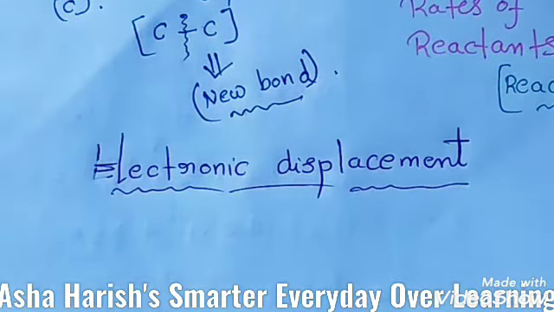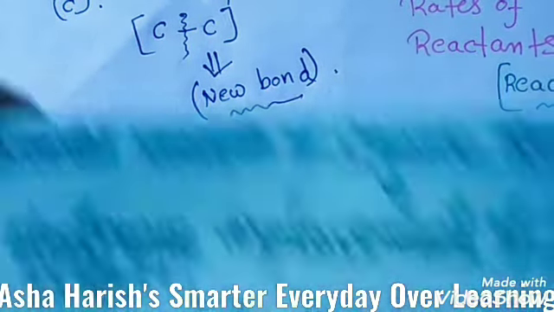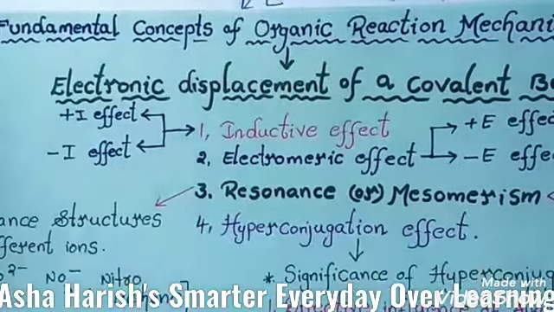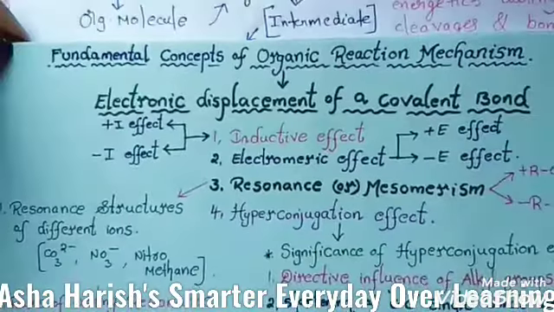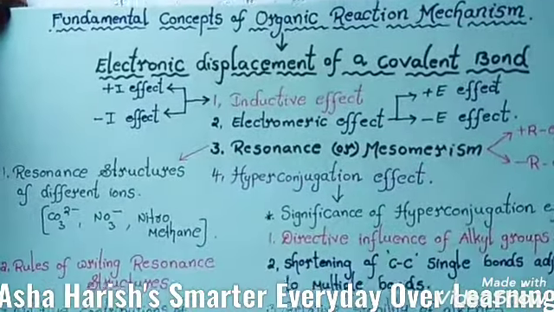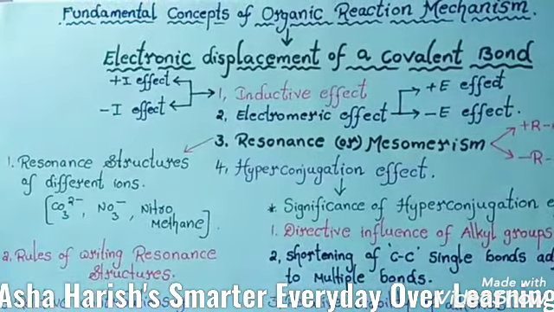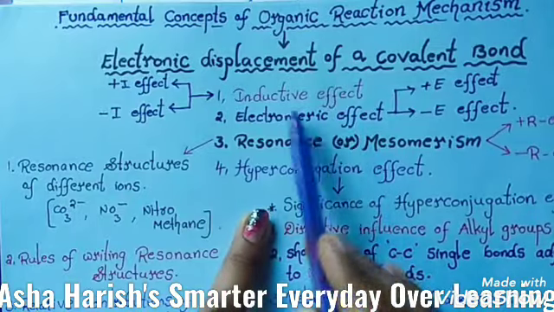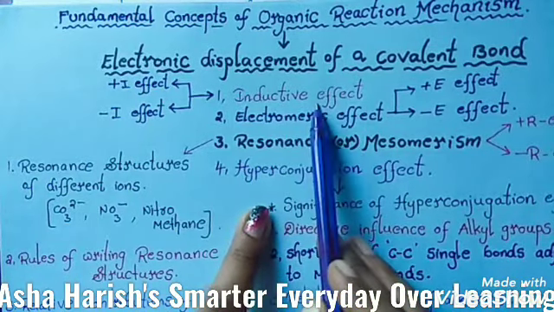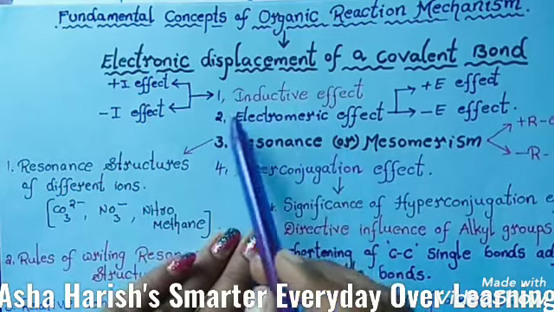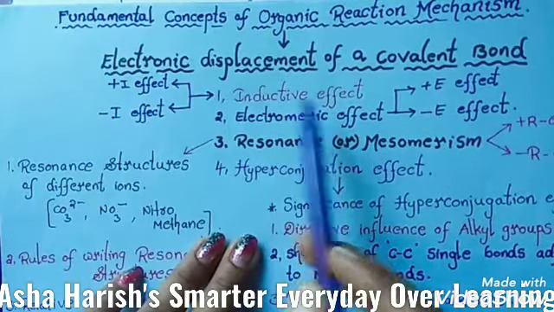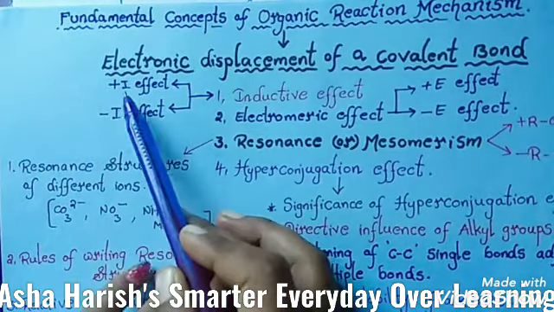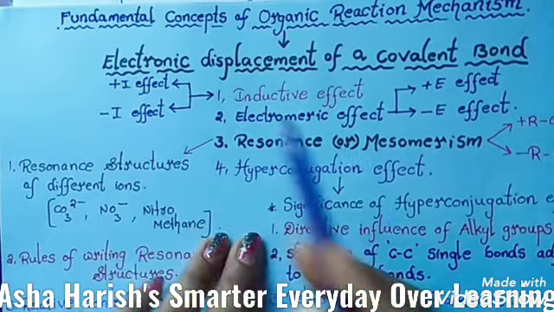In this, students, you are going to learn about a mind map I have written for you. This is the mind map of fundamental concepts of organic reaction mechanism, and the subtopic is electronic displacement in a covalent bond. The first one is the inductive effect, with two types: plus I and minus I effect, plus inductive effect and minus inductive effect.